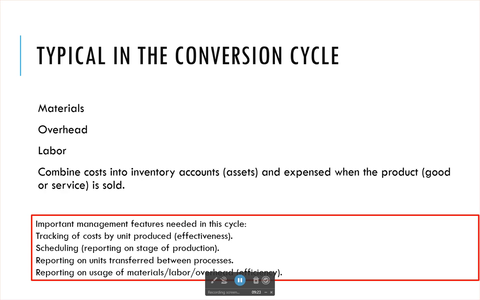In your classes previously, you had the discussion of period cost versus product cost, and I'm not going to get into that. We're in AIS, so we need to start thinking about how your AIS system would have to keep track of all of this. You need to be able to track the cost per units produced.